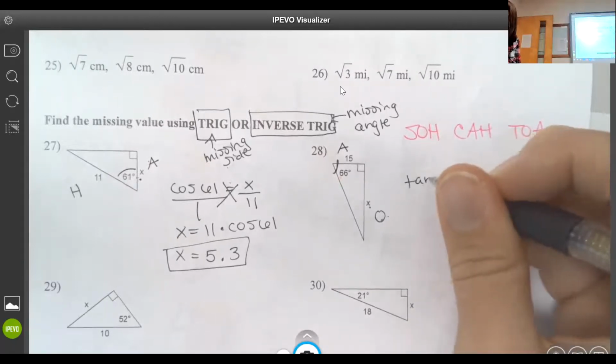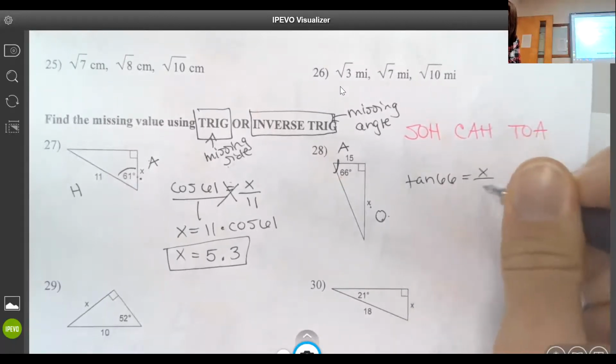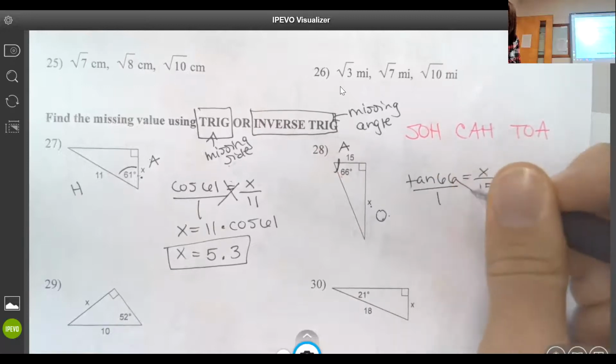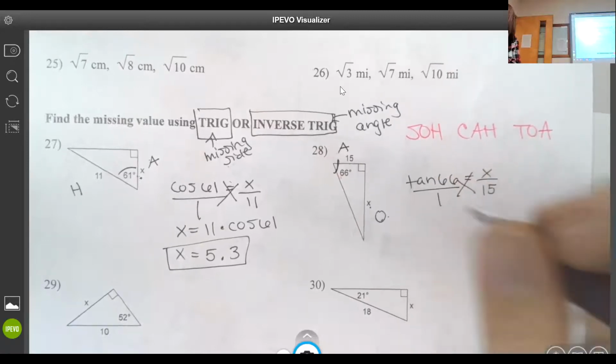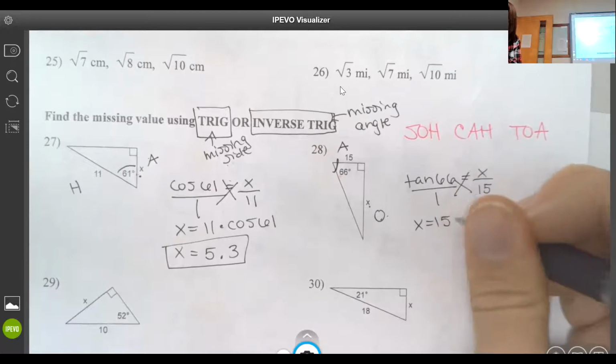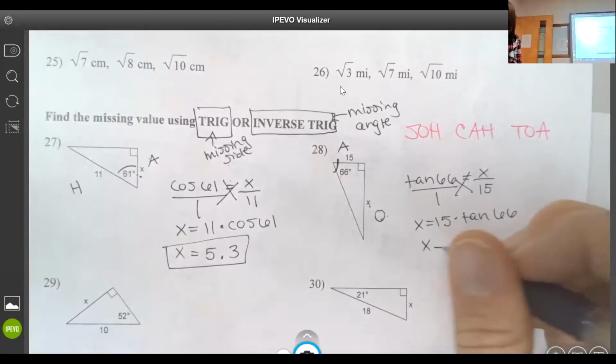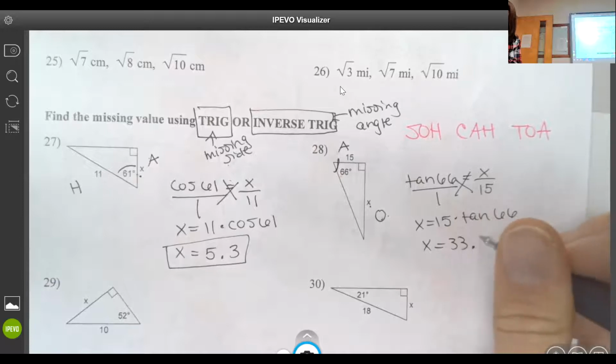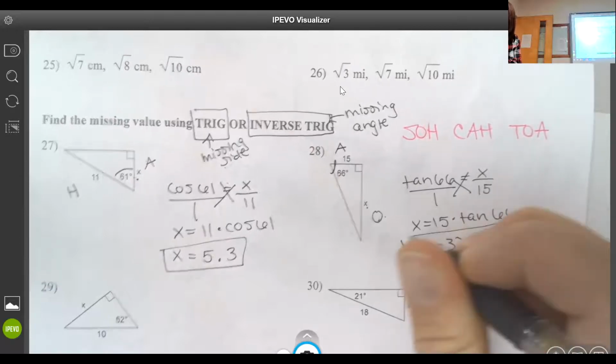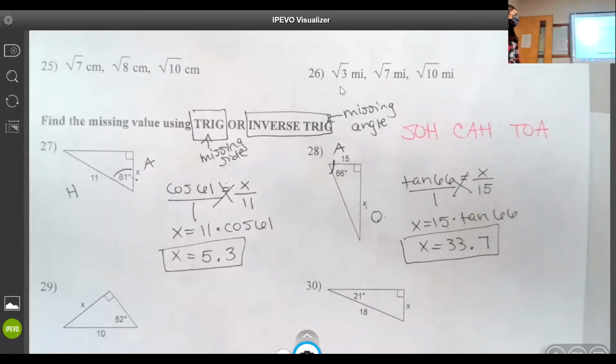So I say the tangent of 66 equals opposite over adjacent, cross multiply, and I get x equals 15 times the tan of 66, which gives me 33.7 rounding for that missing side.